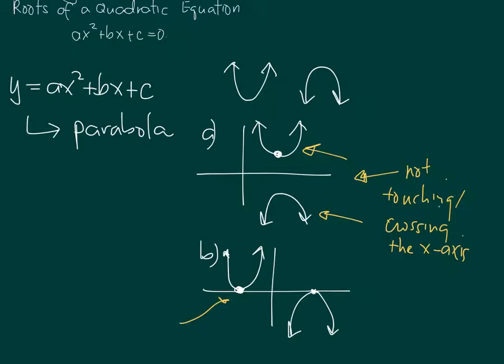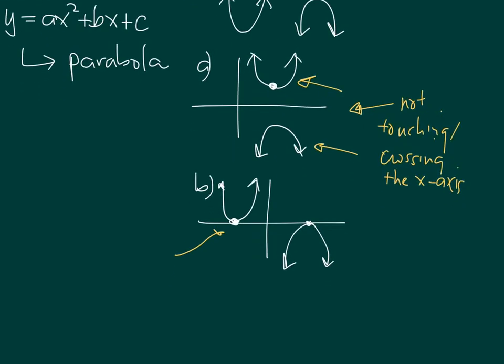And then the third case, so that's letter C. Now the parabola could be crossing the x-axis this way. I can place it anywhere, I can place it here on this side. We just want to consider the number of points where it will cross the x-axis. It will cross at 2 points.